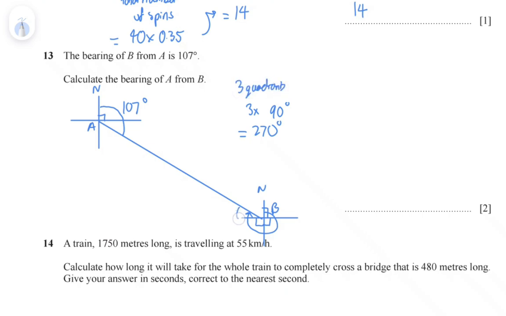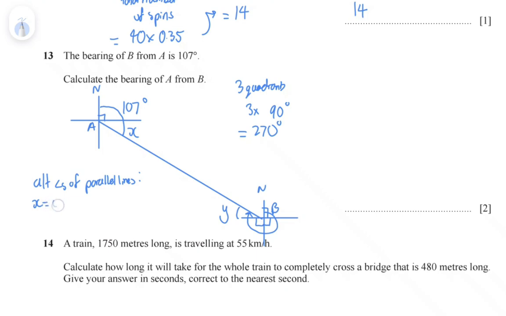Now to find this angle, as the two north lines are parallel to one another, we can find that using alternate angles of parallel lines. So this angle, which we will call x, is the same as this angle, which we will call y.